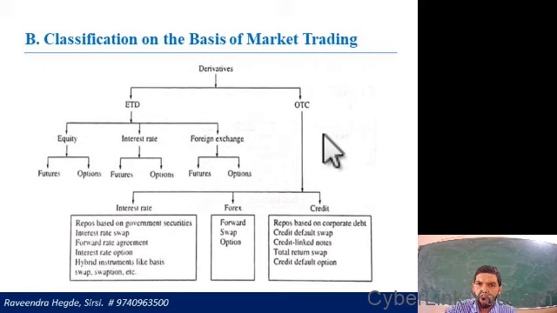OTC can be classified as interest rate, forex and credit. Okay, so in forex we have forward, swap and options. So just concentrate on the picture here, definitely you will understand all these things very well.